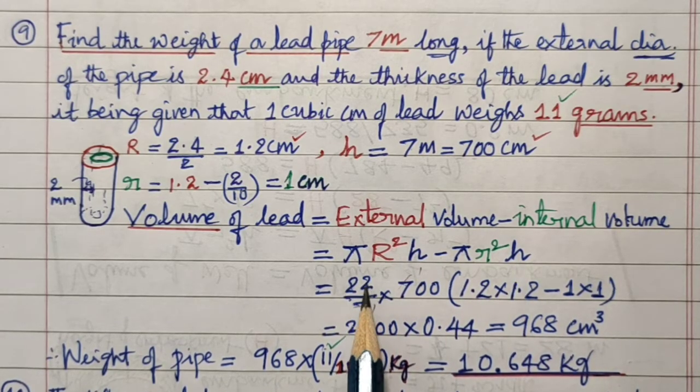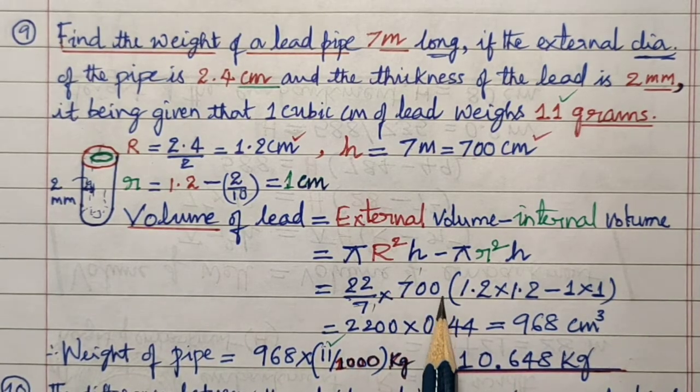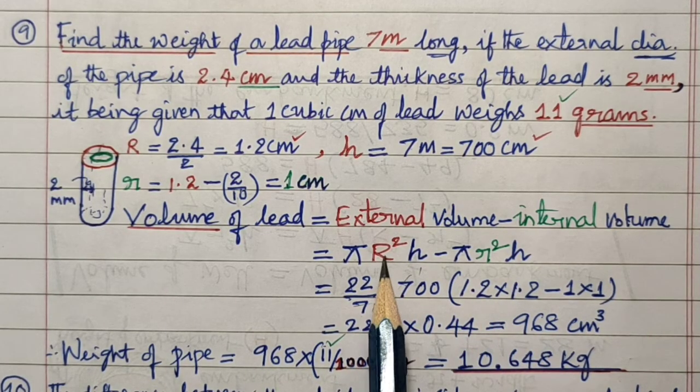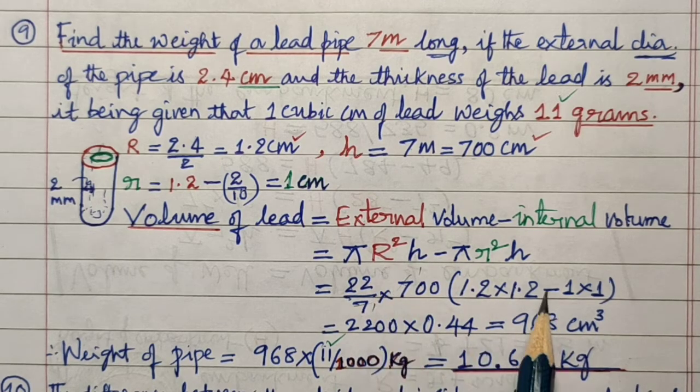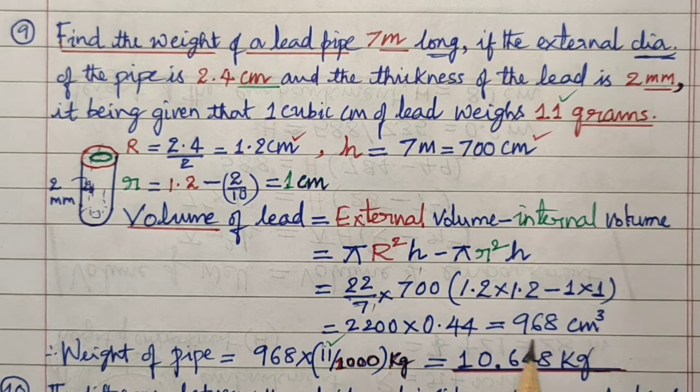That is equal to 22 by 7, 700 into 1.2, pi h into R square minus r square, that is 2200 into 0.44, which is equal to 968 centimeter cube.